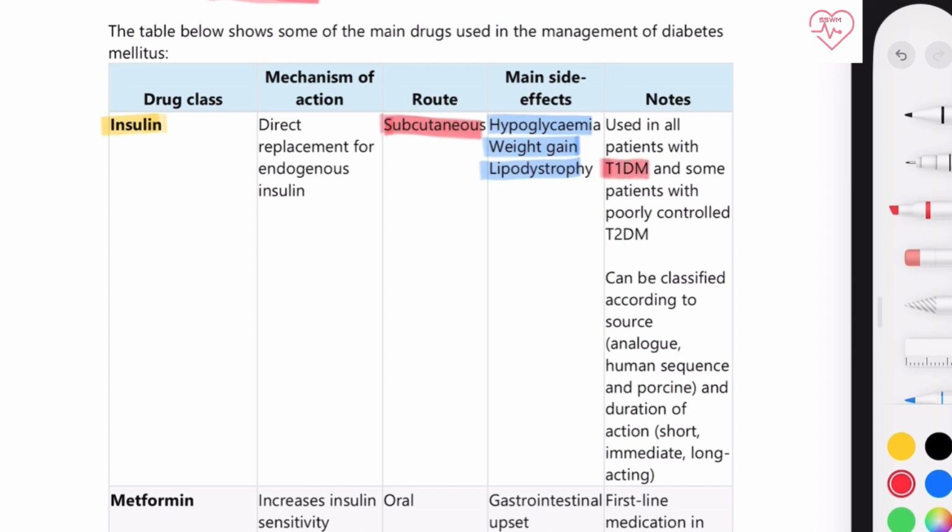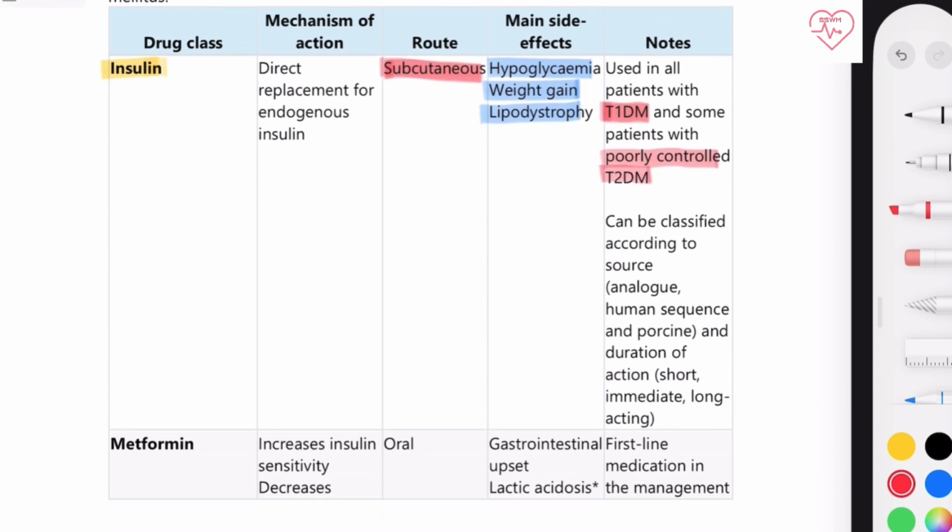And some patients with poorly controlled type 2 diabetes mellitus can be classified according to source, analog, human sequence and porcine, and duration of action, short, intermediate, long acting. So these have to be classified according to the source and the kind of diabetes the patient is having.